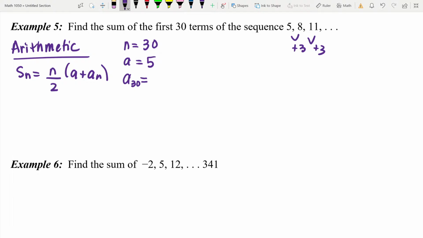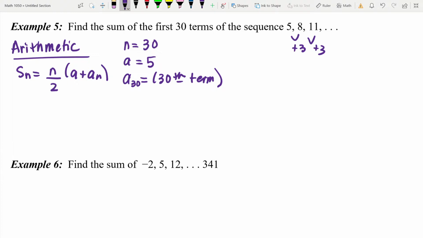They're like, I don't even know what that stands for. Is it a sum or is it a specific term? Specific term. What term? The 30th term. Yes. So right here, I want us all to write 30th term. Now, I don't know the 30th term.